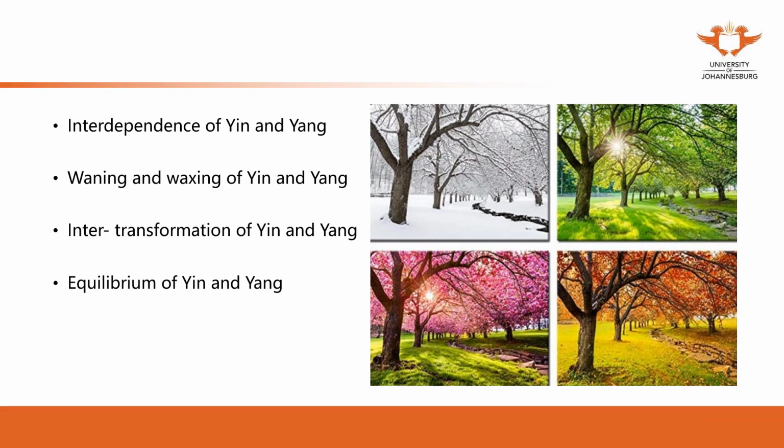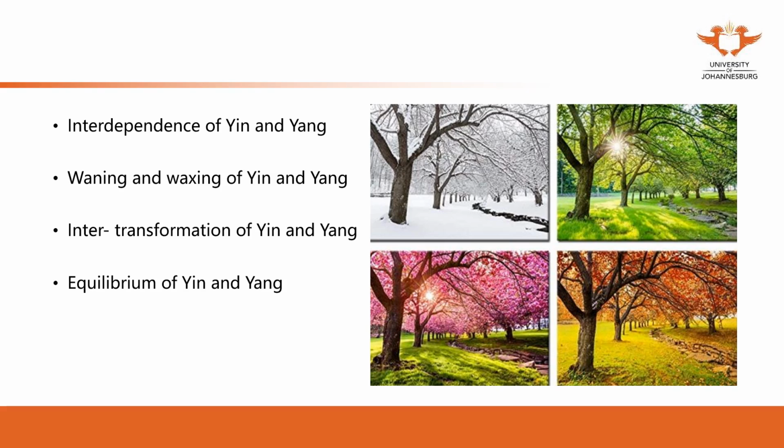The interdependence of yin and yang. This refers to the relationship between yin and yang as they can develop along with each other. For example, from spring to summer, the weather becomes warmer and warmer. However, in the meantime, the rain becomes more and more.